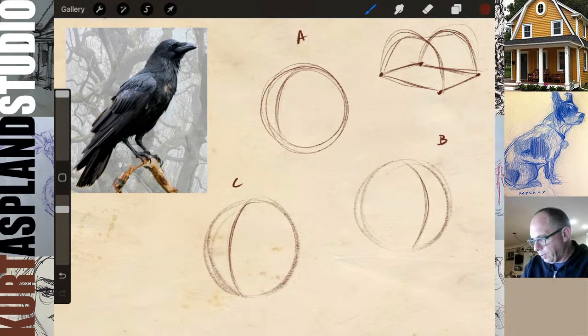Let's connect the top of those arches just like that, okay? And then we'll do this right down the center there.